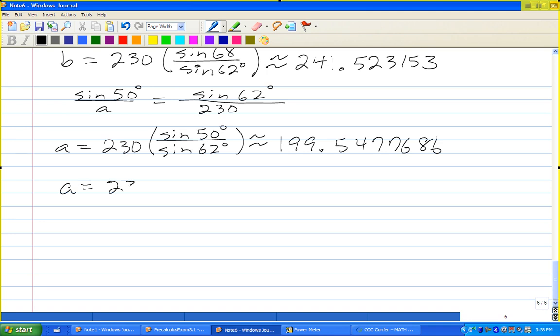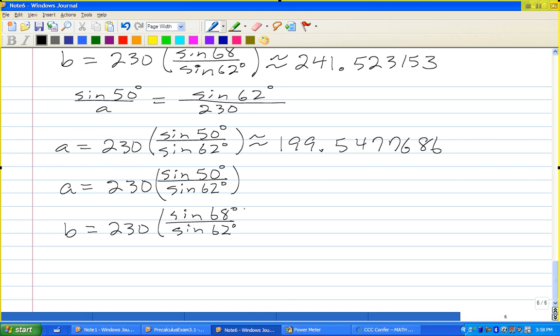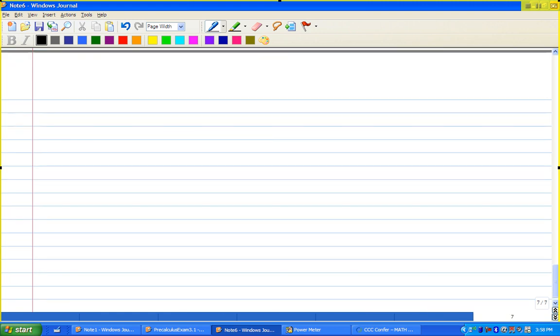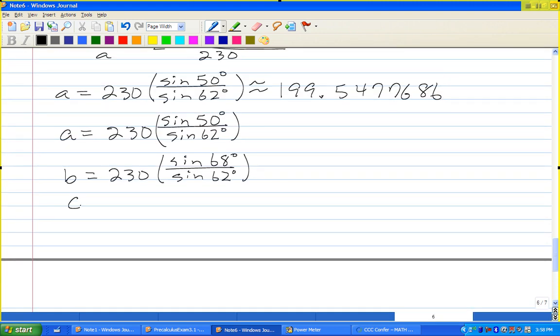A equals 230 sine 50 over sine 62 degrees. B, 230 sine 68 over sine 62. C is 230. So those are the lengths.